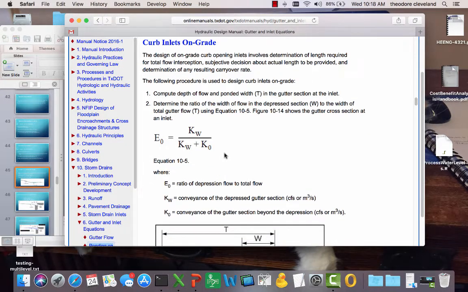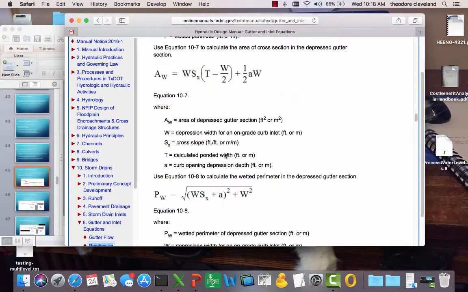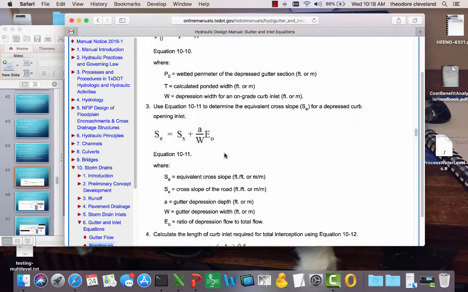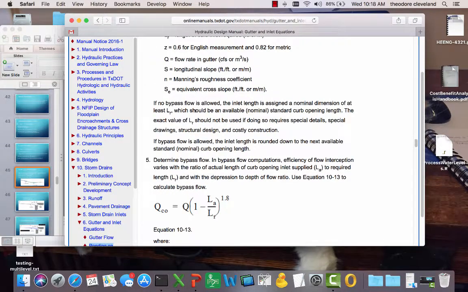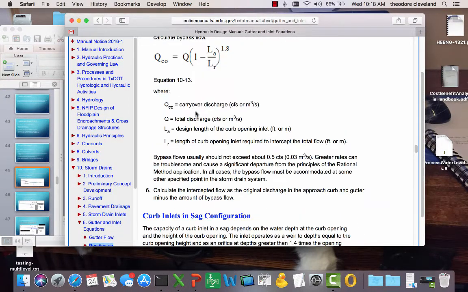This is for curb on grade, and there's a series of calculations that you make. I'm scrolling through them quickly. You can read these on your own, and your goal is to get to the required inlet length. If you can't capture it all, then there's bypass, which is carried forward to the next inlet.